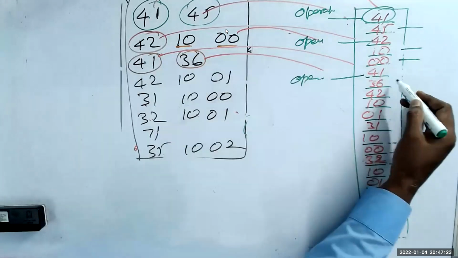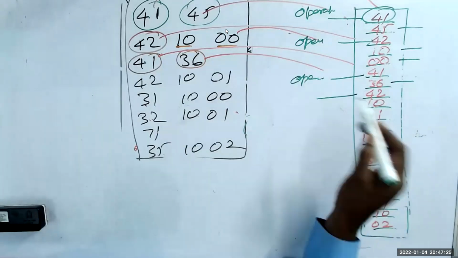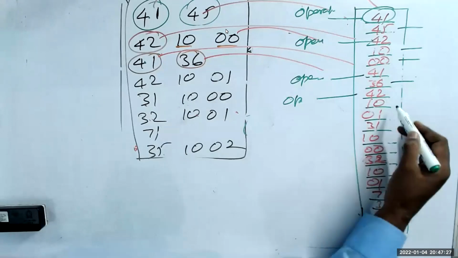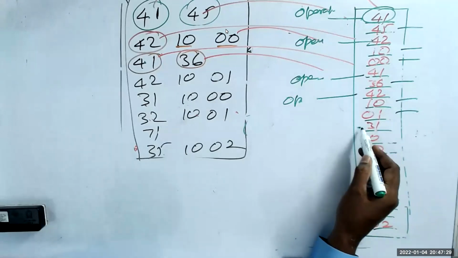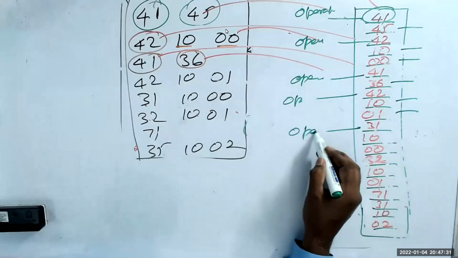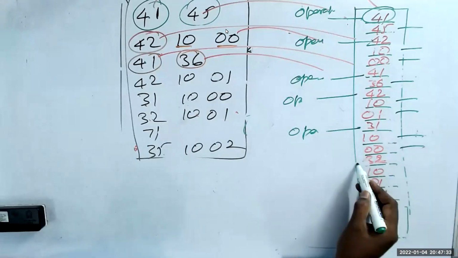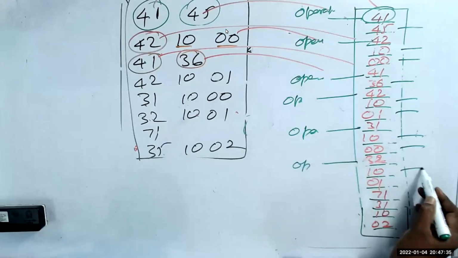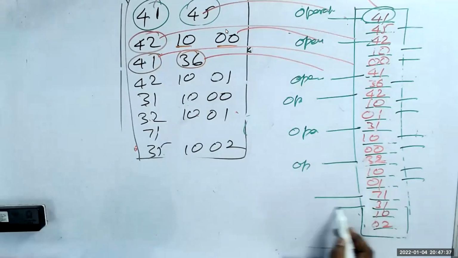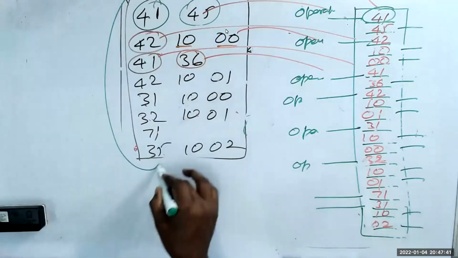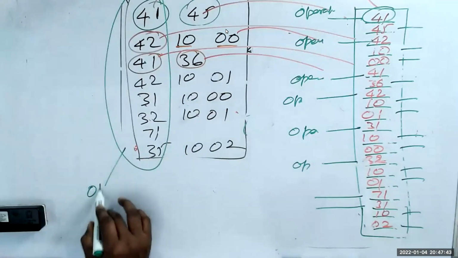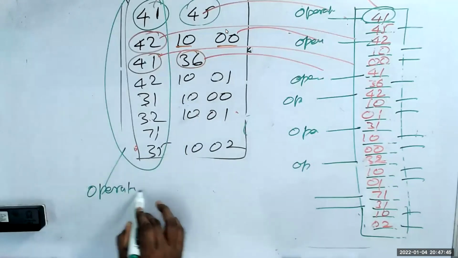And this 36 is operand. 42 is operation. And this is operands. Operation. Operands. Operation. Operands. Operation. Understand? These are all operations. These are all operands.